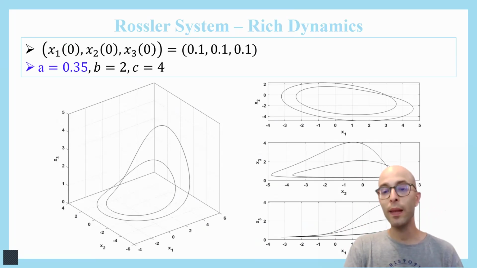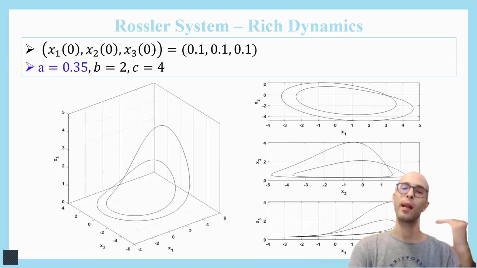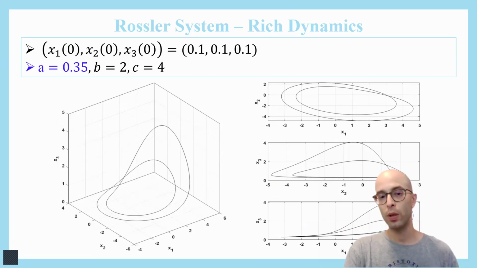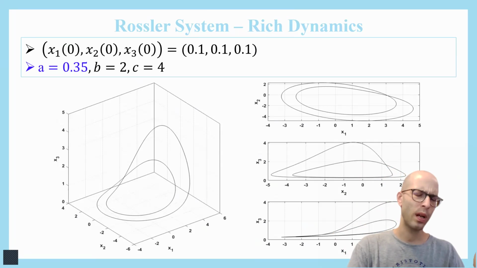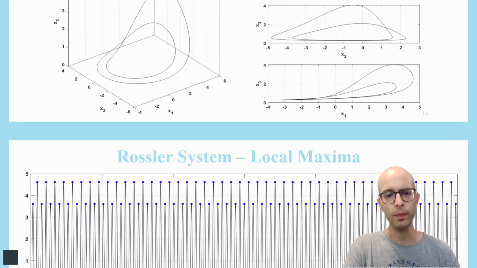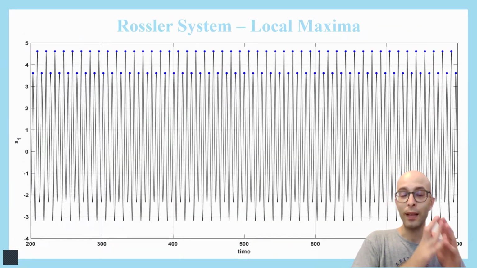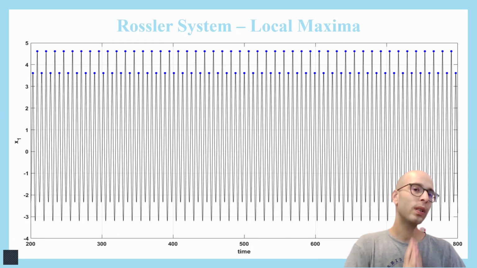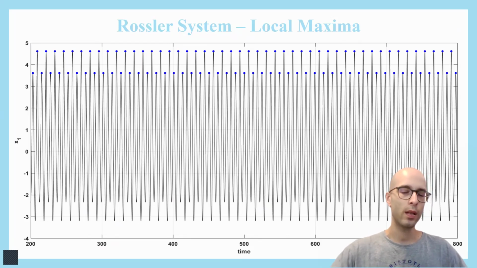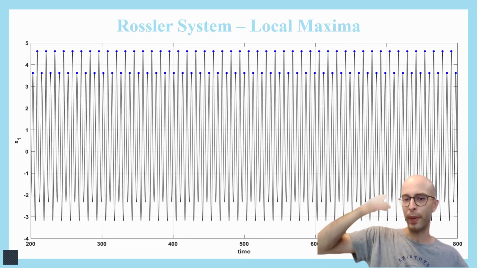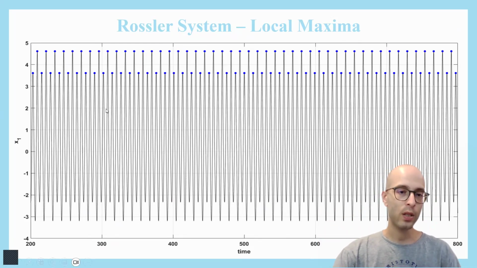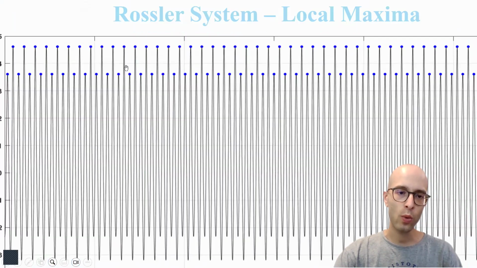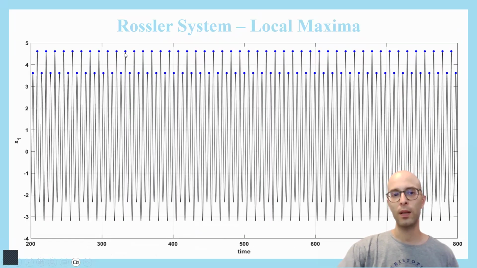Well, we can quantify this by plotting again the local maxima for any state of our choice. We can go again with state 1. So you will see right here that now, different from the previous case, I have two distinct local maxima. Okay, the trajectory goes up and down, but the local maxima, as you see, are basically these ones right here, which are repeating itself.